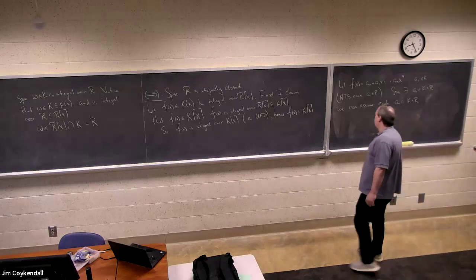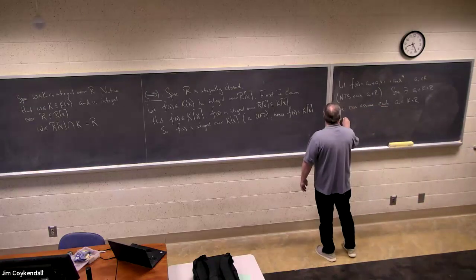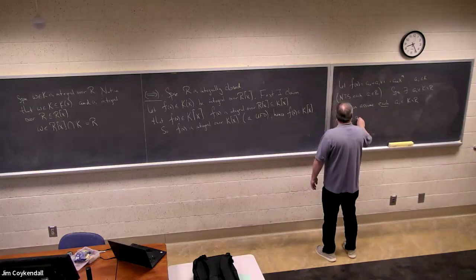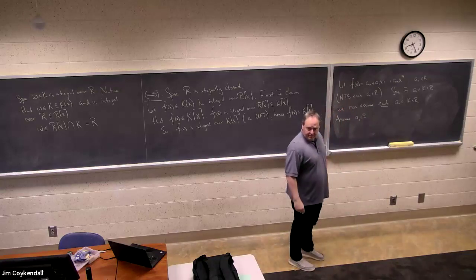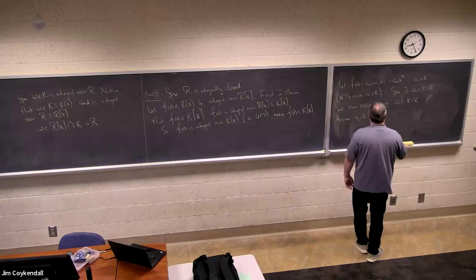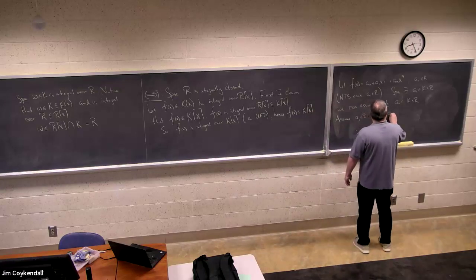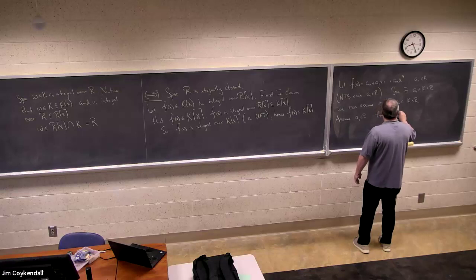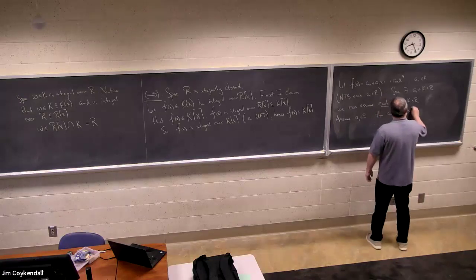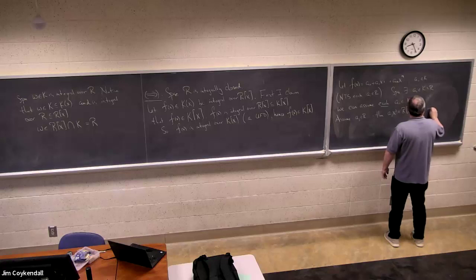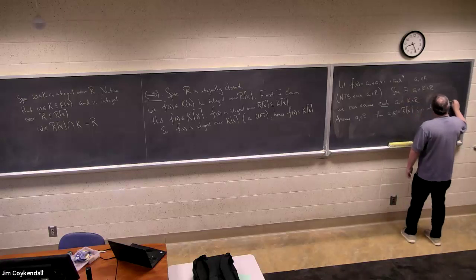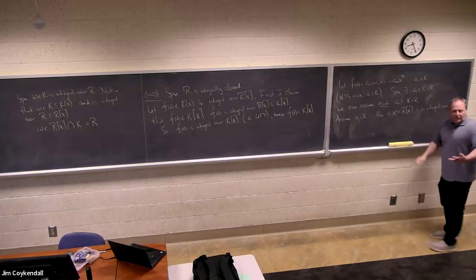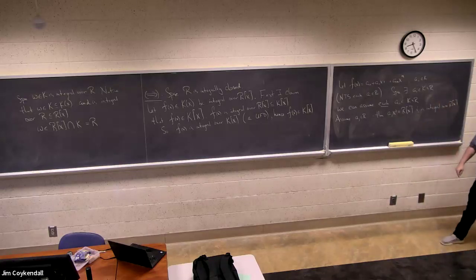Well, so assume a_j is in R. Then a_j x^j is in R[x] and is integral. It's already in the ring, it's already in the polynomial ring itself, so it's already integral, right?